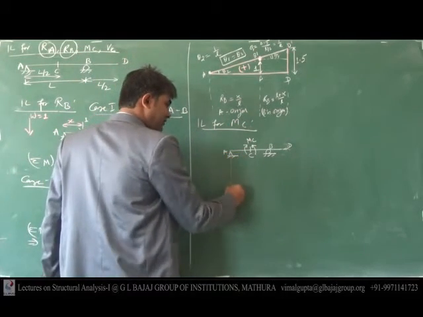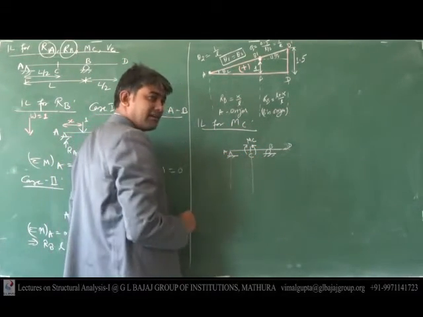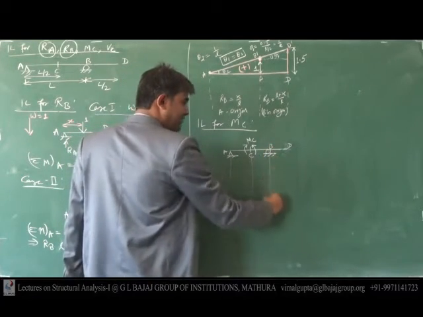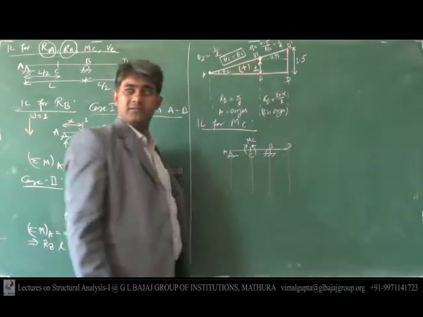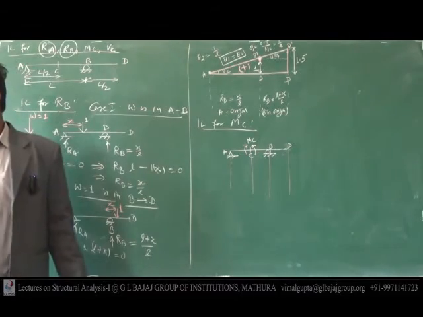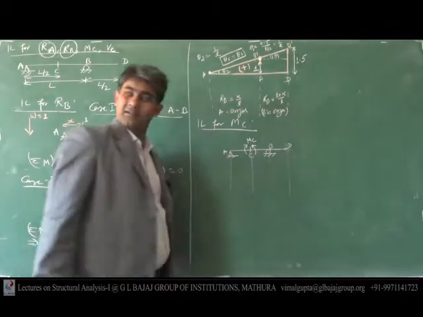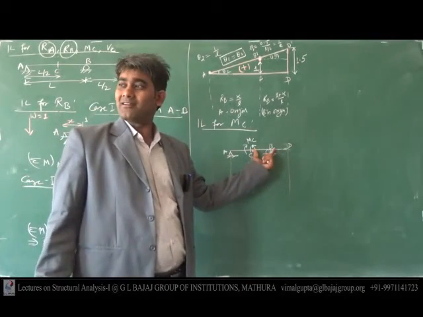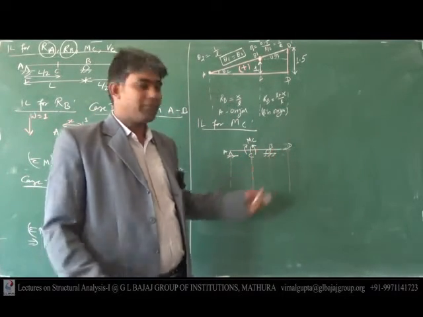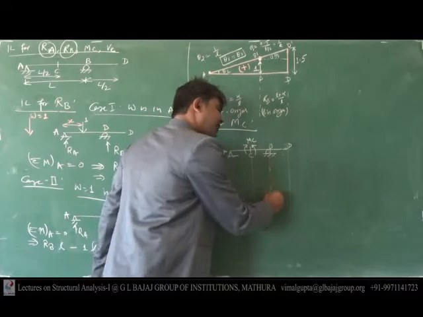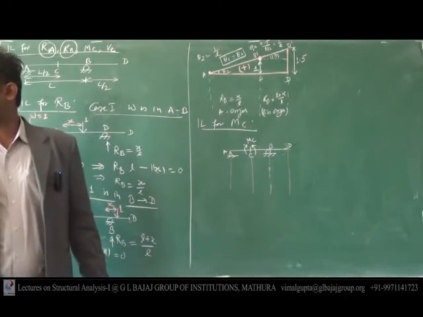We can consider this segment, this segment, and this segment, so 3 segments. You can eliminate that segment because it is 1 unit, but even if you consider it individually, you will get the same thing, no problem.